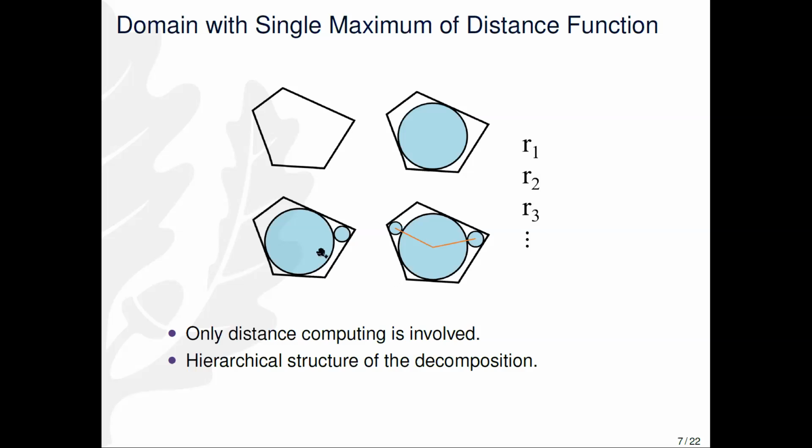We found that during these calculations, we only need to know the distance function of the domain. In every step, we find the maximum of the distance function. And distance functions have to be supported by any valid geometric representation. So such a decomposition process has the generality characteristic. We also found that such decomposition has a hierarchical structure, so the details of the domain are captured progressively during the process.